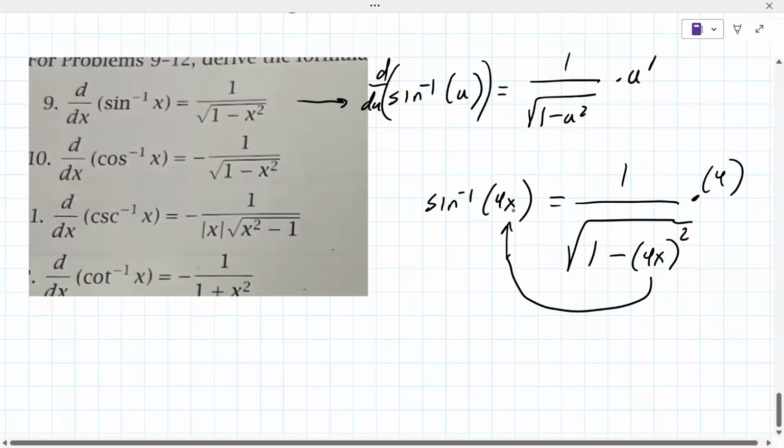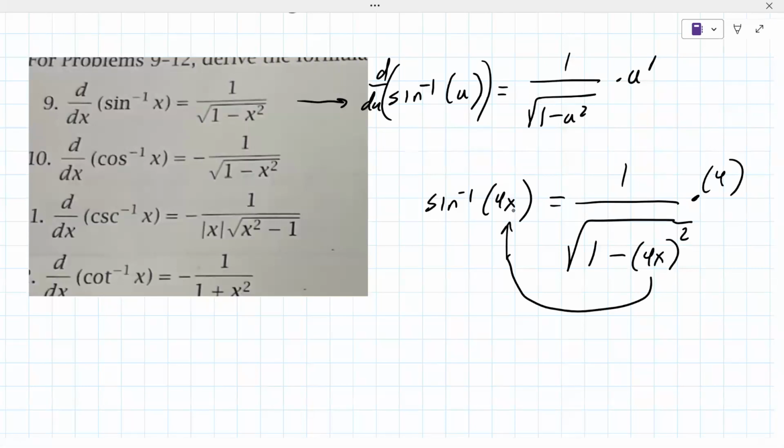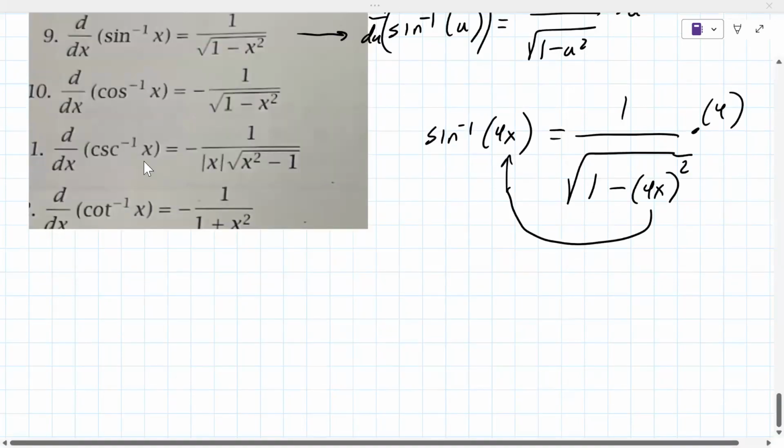Did you realize that in class? I didn't realize that I had to multiply by the u prime. But yes, that makes sense. So these are the most basic examples we can have here, and we'll increase the difficulty if we need to.